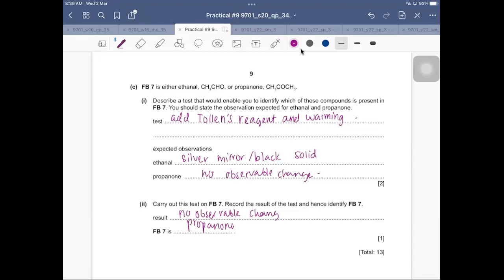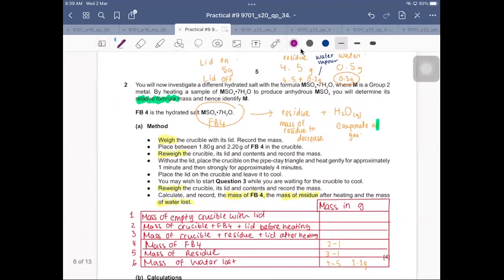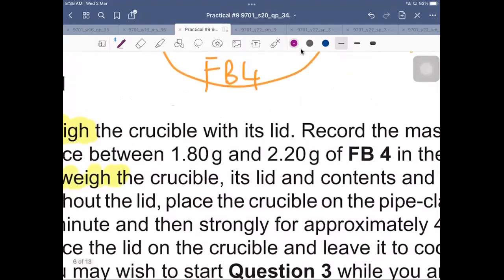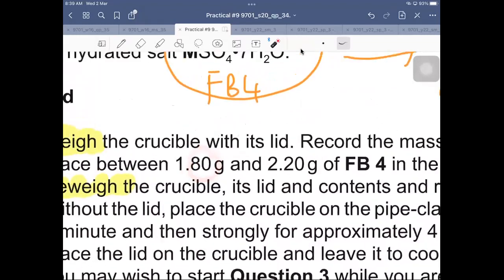Just in case, okay? Bring a long ruler. Now how do you know decimal places? Usually you follow the question. If the question is using the mass to 2 decimal places, you just follow the question, 2 decimal places. Okay?